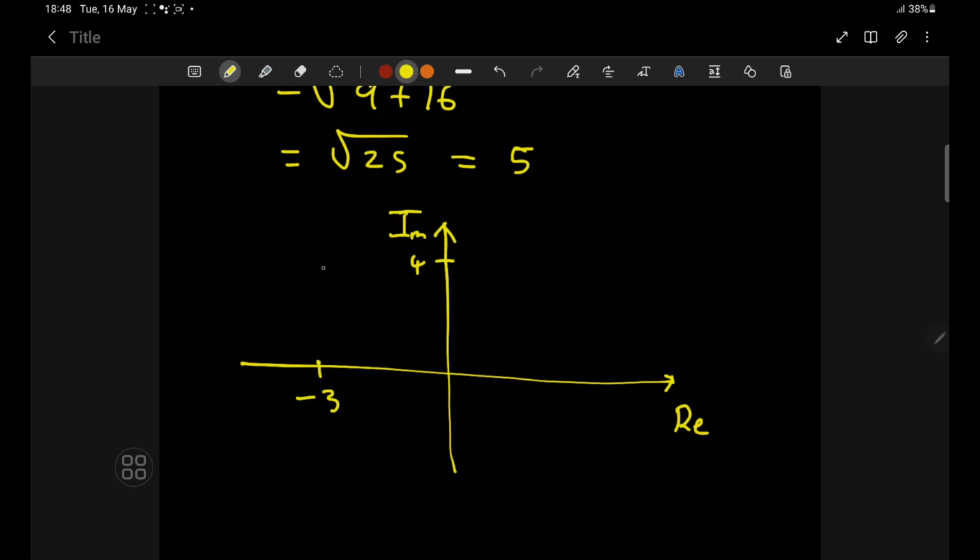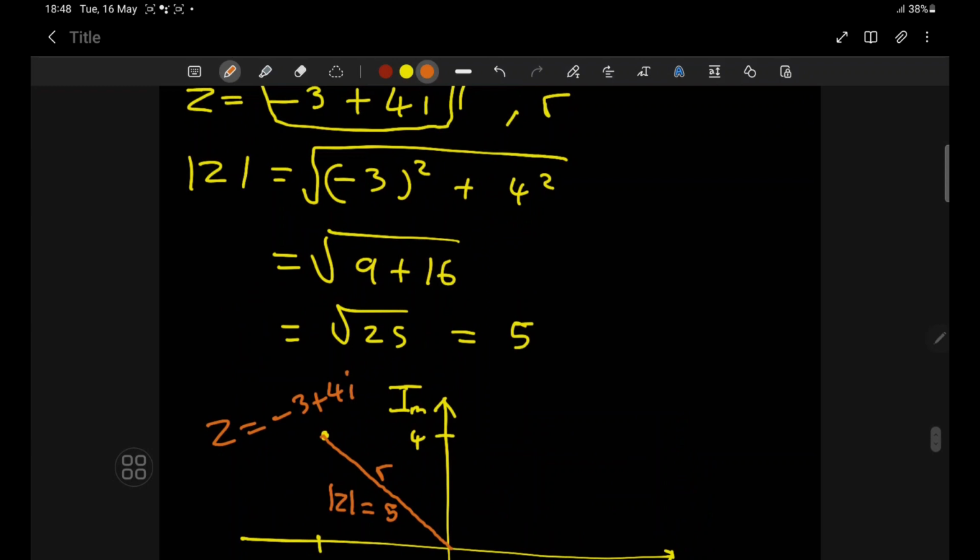Let's say the point where these two meet is somewhere here. That means our |z| or r is this distance here from the origin. This distance is what we call the absolute value of z. So z for this graph is negative 3 plus 4i, and this distance can be denoted as r.